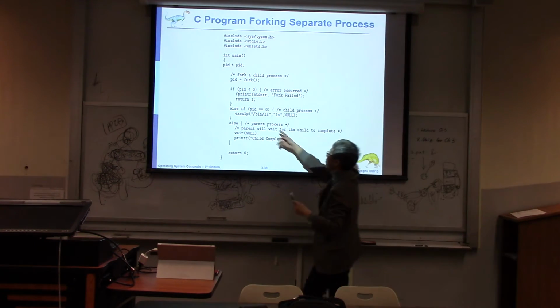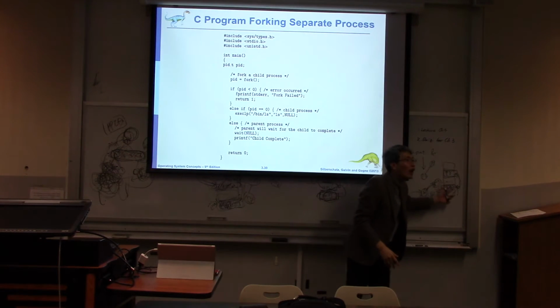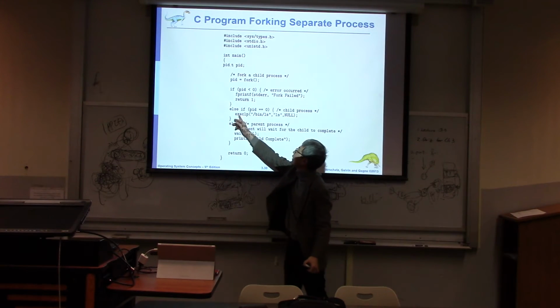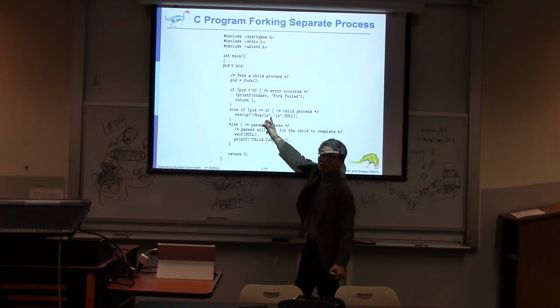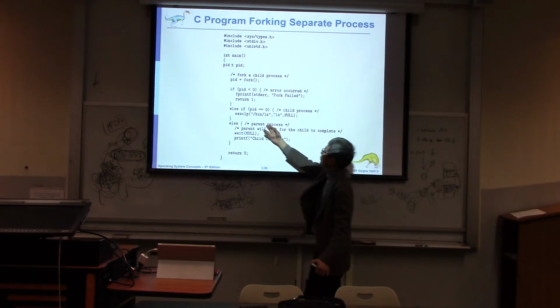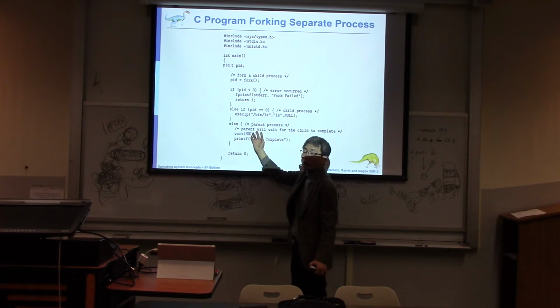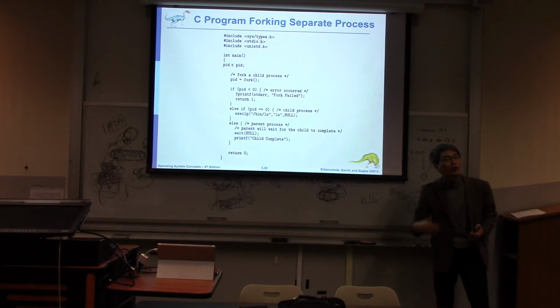So in case PID is 0, there's no child process of the child. Then we can load, using exec, the ls command. Then this command will be ls. Then, what about the parent process? Otherwise, which means I successfully created the fork, I'm the parent.